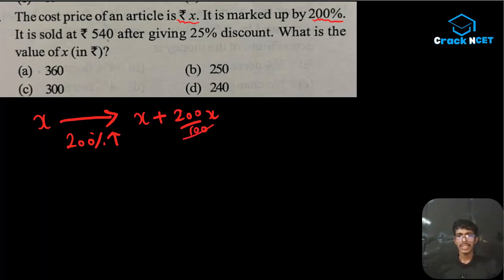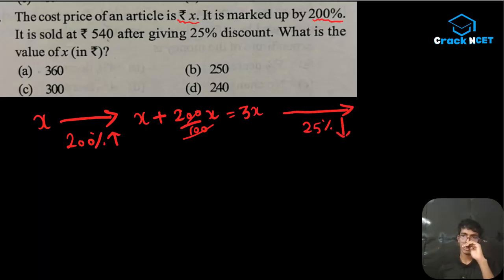So what will be the value? 3x. Okay. It is sold at 540 rupees after giving 25% discount. So again, on this, initially it was marked up, further a discount is given on it.